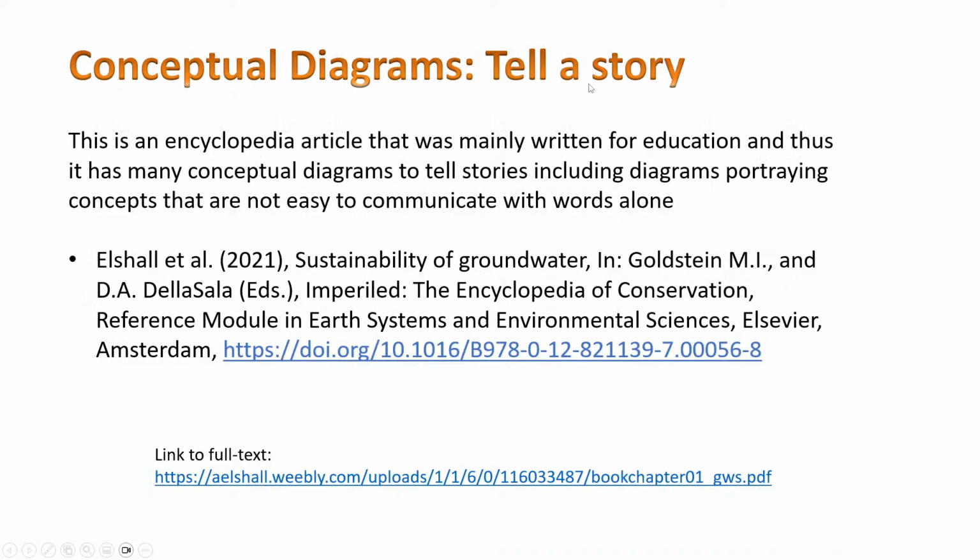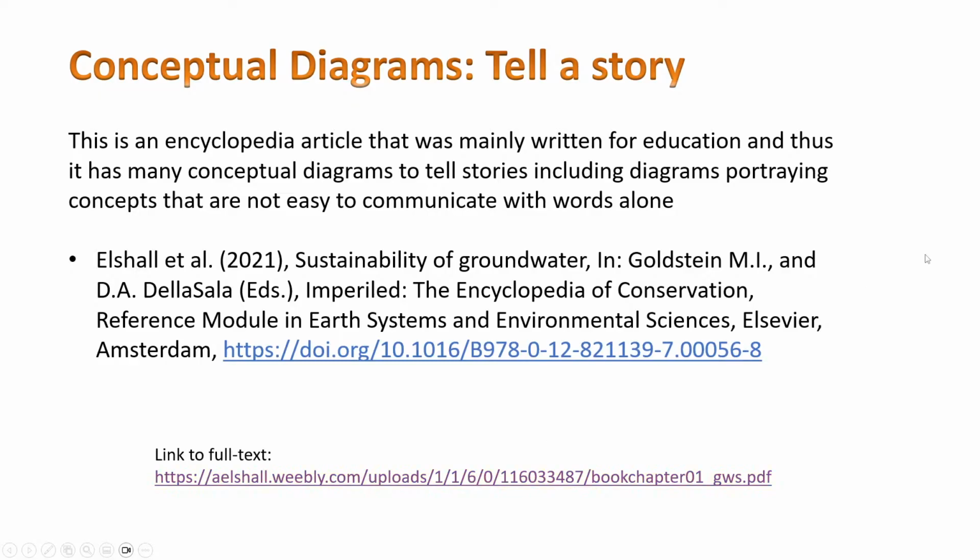With a conceptual diagram, you also tell a story. That's another very important point. For example, I have this encyclopedia article which I made for educational purposes, and I want to communicate some stories in this article for students.